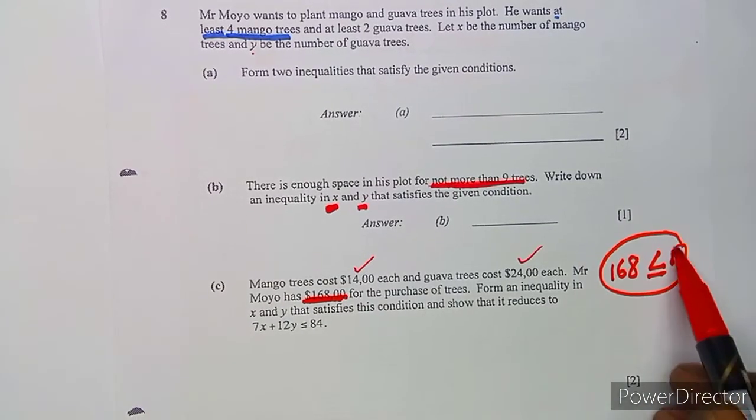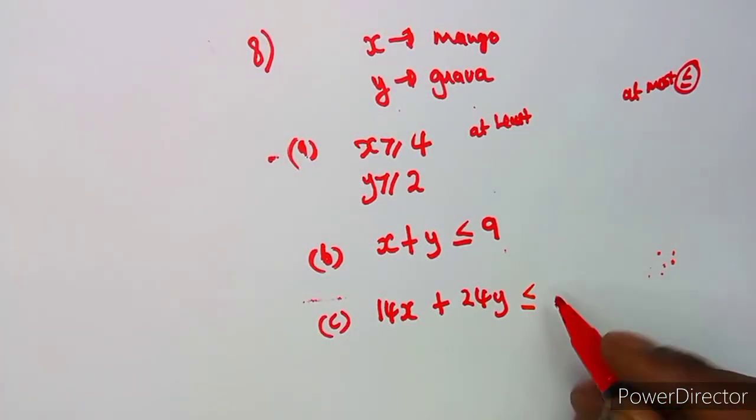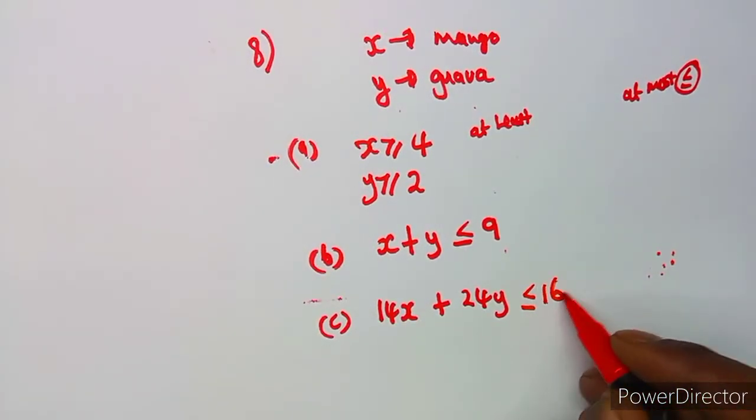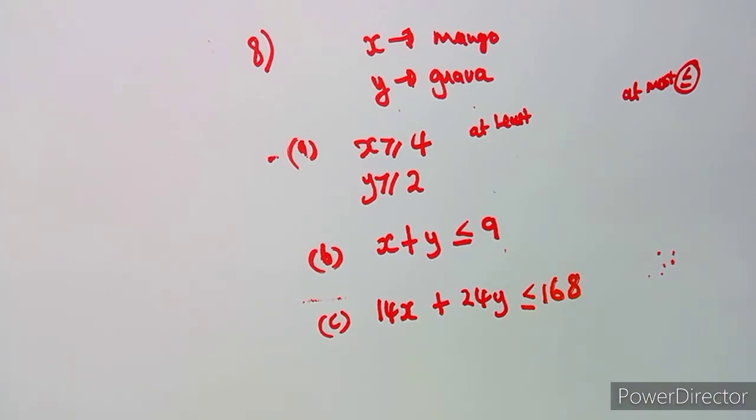That means our inequality is less than or equal to, because it's like you want to buy something and you only have $5. How do you expect to take something that costs $6? It's impossible, because you have to buy with what is in your pocket, either less than that or exactly what is in your pocket.